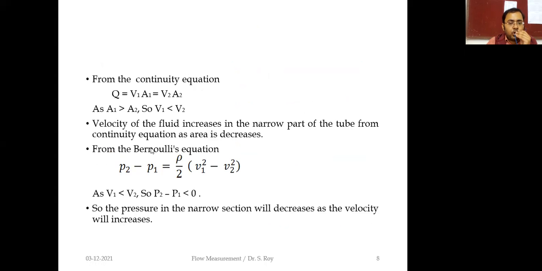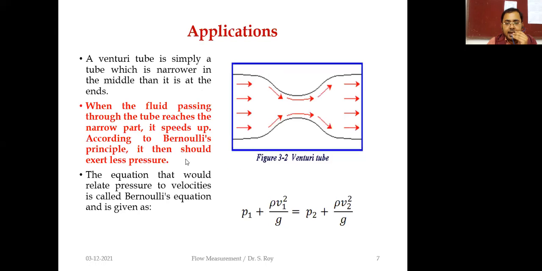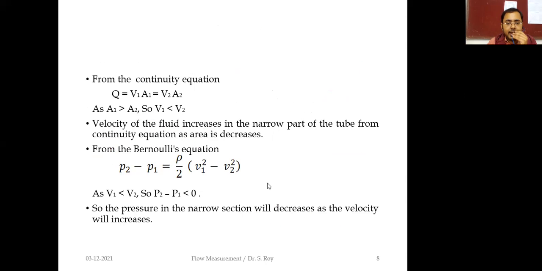If I rearrange these equations, we get P2 minus P1 equals rho by 2 into (V1 square minus V2 square). So the pressure in the narrower section will decrease as the velocity increases. That we observe from Bernoulli's principle.